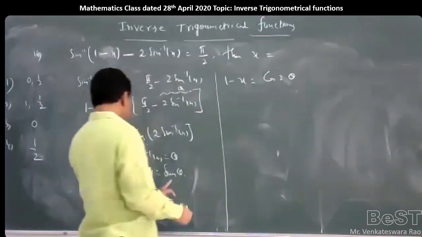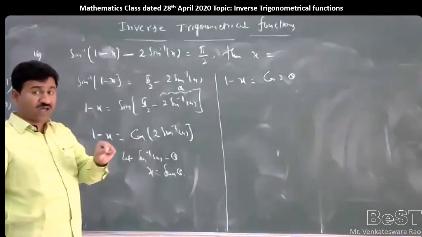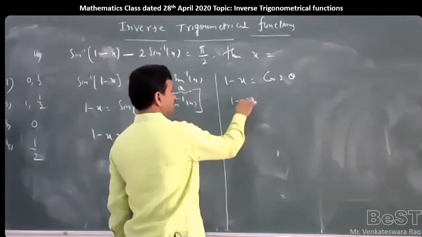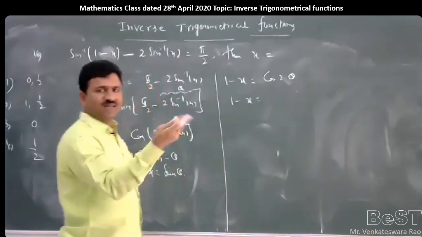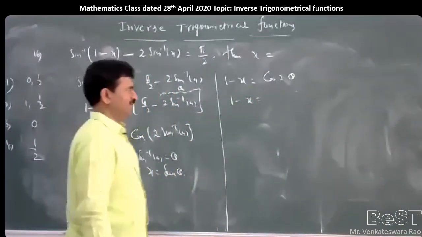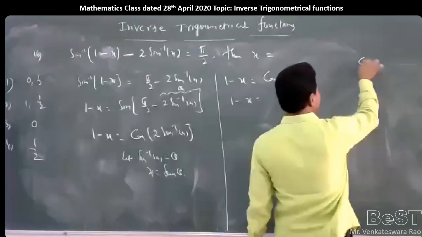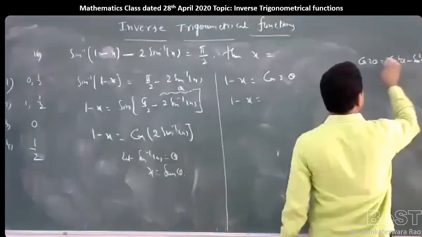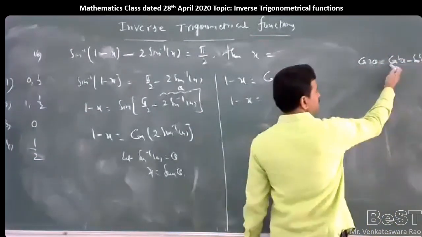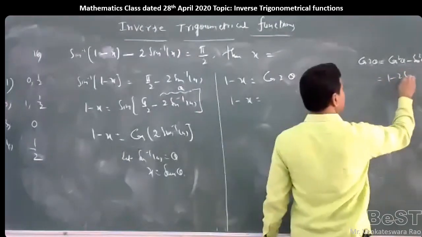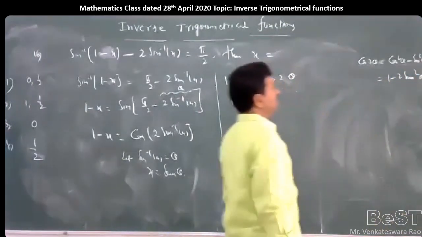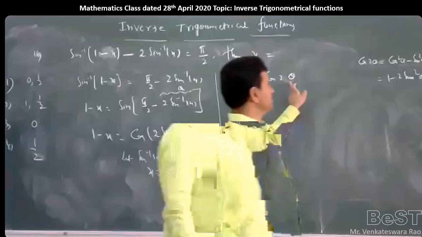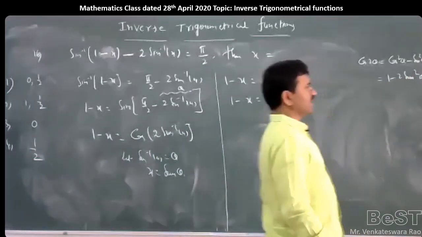We know sin theta is equal to x. Cos 2 theta formula in terms of sin. See, many twistings are there. All of you know this formula. Cos 2 theta, original formula is cos square theta minus sin square theta. Converting to sin, cos 2 theta can be written as 1 minus 2 sin square theta.